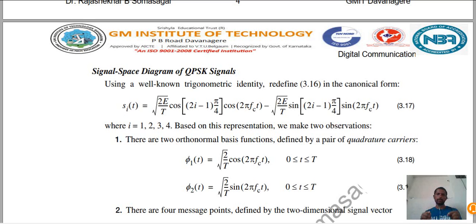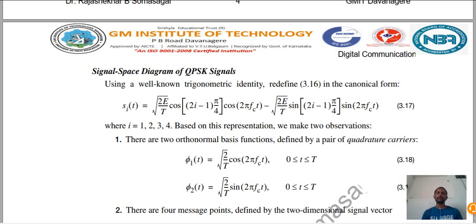So equation 3.16 is expressed in the cos a cos b minus sin a sin b form. It is just expanded, where i equals 1, 2, 3, 4. Put the i values 1, 2, 3, 4 and you will get the phase shifts, that is pi by 4, 3 pi by 4, 5 pi by 4 and 7 pi by 4.